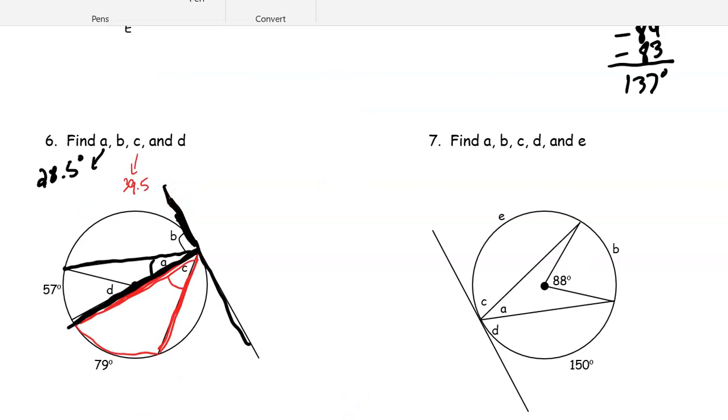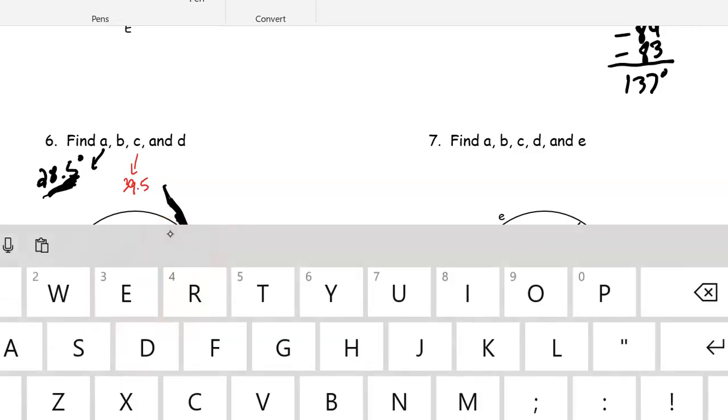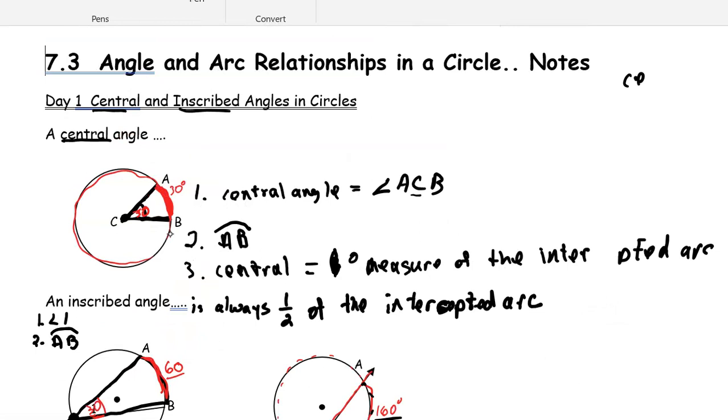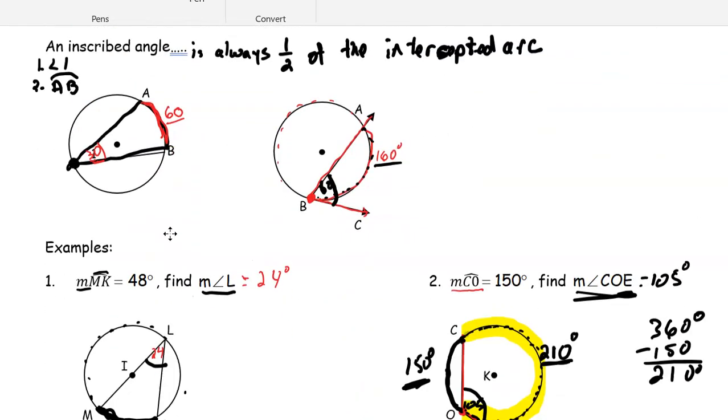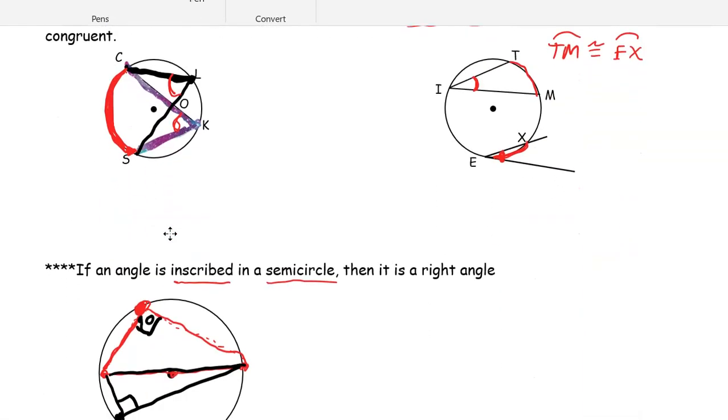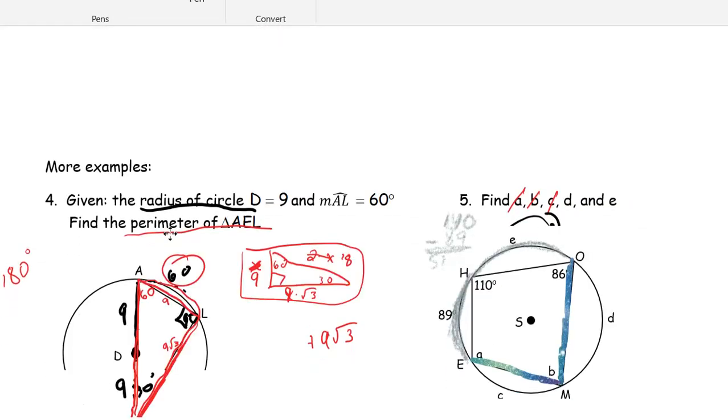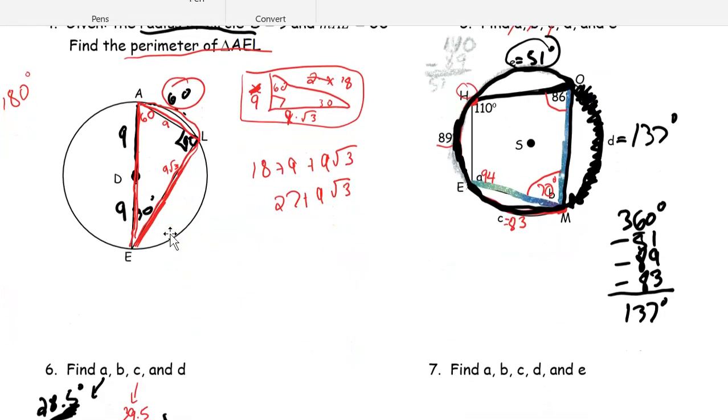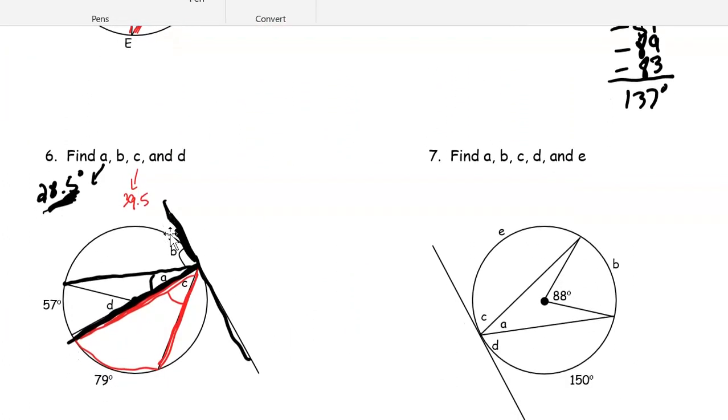So if this whole angle here is 90 degrees, and we already know what A is, we said A is this 28.5, then angle B would have to be the 90 degrees overall minus the 28.5.